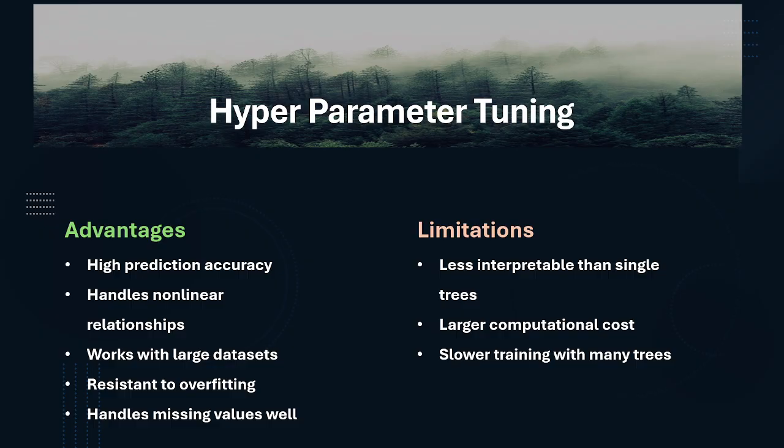Some of the limitations include being less interpretable than single trees. Another limitation is a larger computational cost. These also have slower training because of many trees.